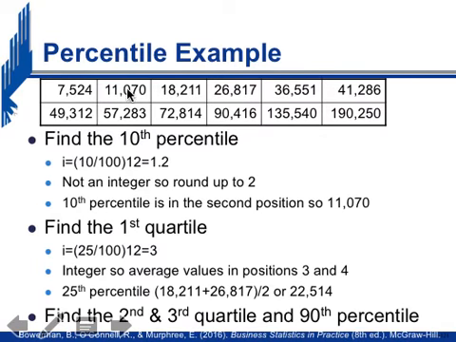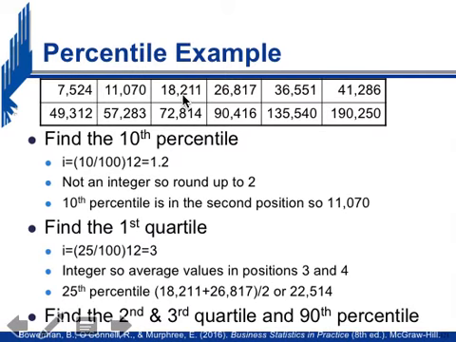For the first quartile, or the 25th percentile, we use the same formula, p over 100 times n. So that's 25 over 100 times 12, or 3. And the rule states that if the index is an integer, we have to get the average of the ith and i plus 1th number in the dataset.